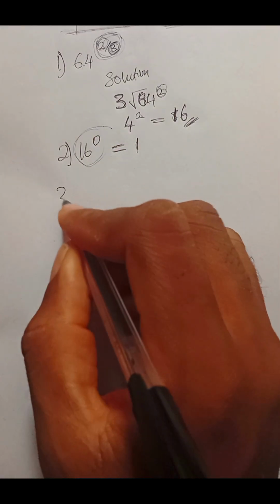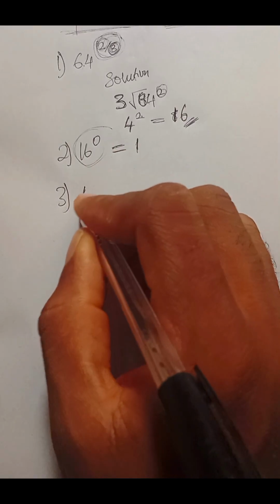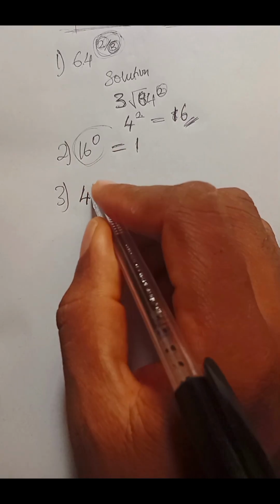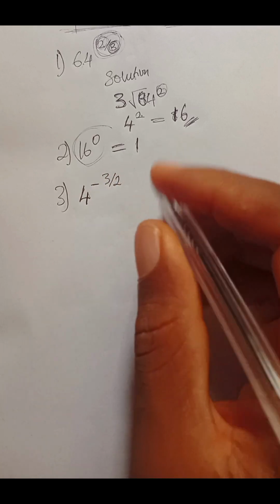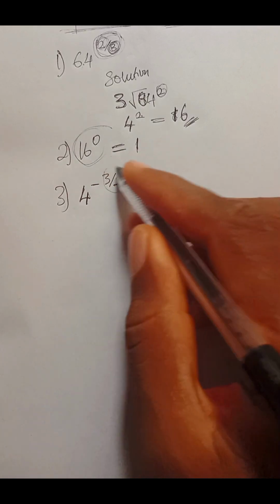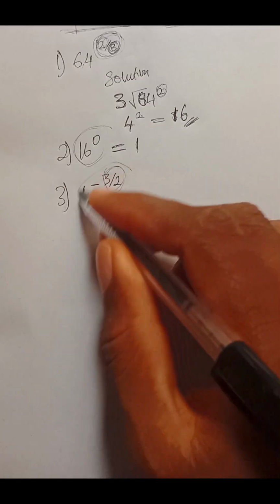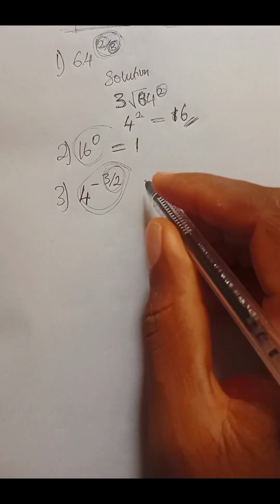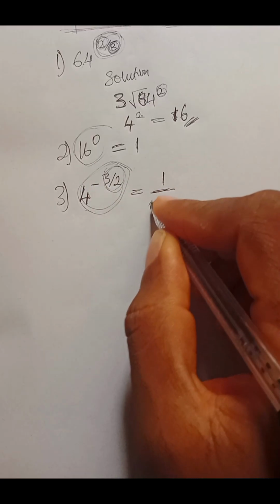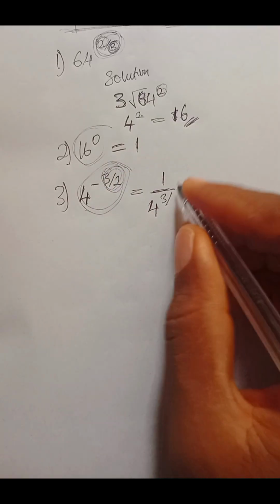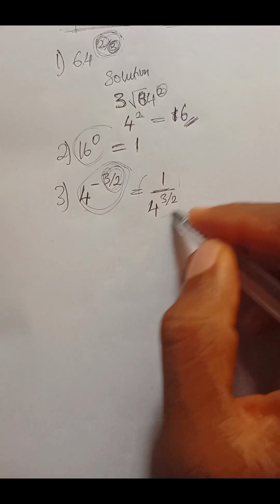Then number 3, we have the number 4 raised to the power of negative 3 over 2. So this is a fraction and this is a negative index. First we express it as a fraction. This will give us 1 divided by 4 raised to the power of 3 over 2, by the law of negative index.